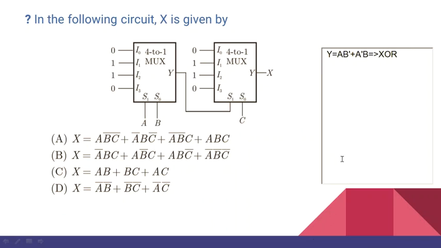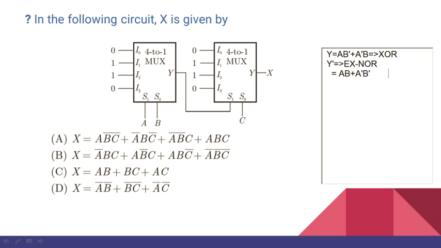So the equation of y bar, we can directly write, because we found that it's an XNOR gate, as AB plus A bar B bar. This is given to here.